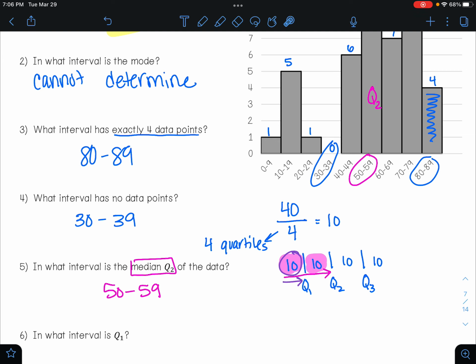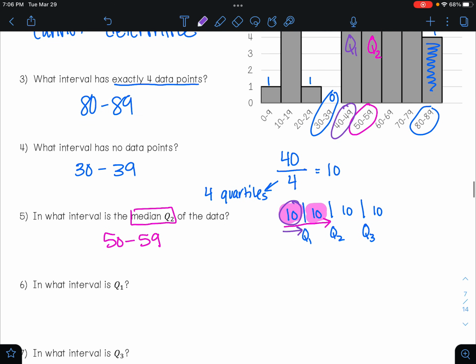So that means that the 8th, because the 7th is here, so the 8th through 13th data value is inside here. So Q1 is in this interval. So Q1 is in the interval between 40 and 49.